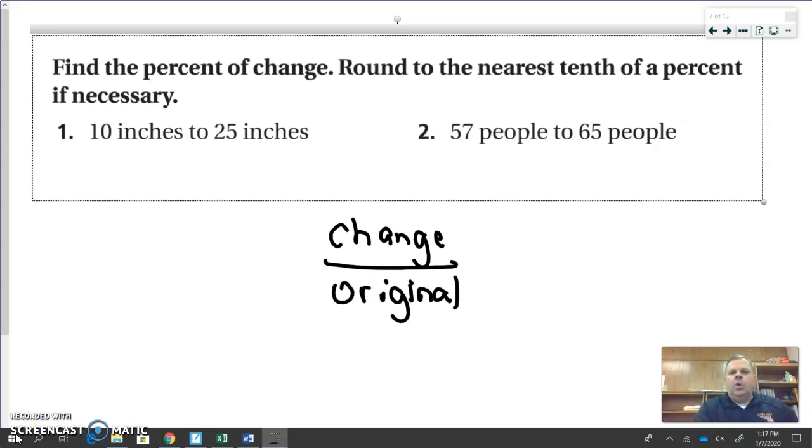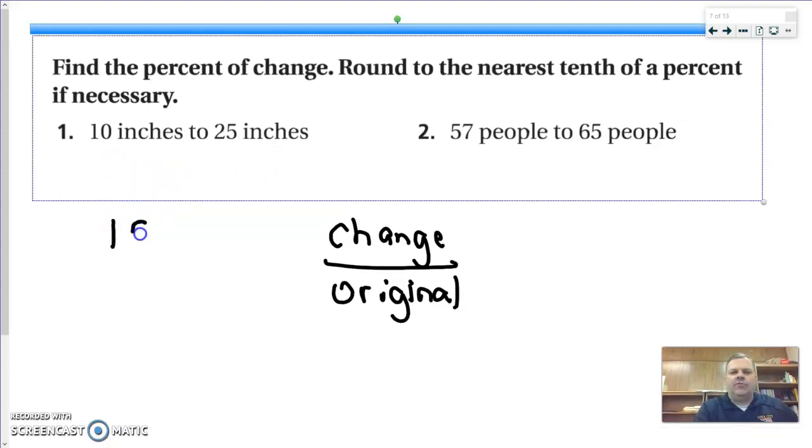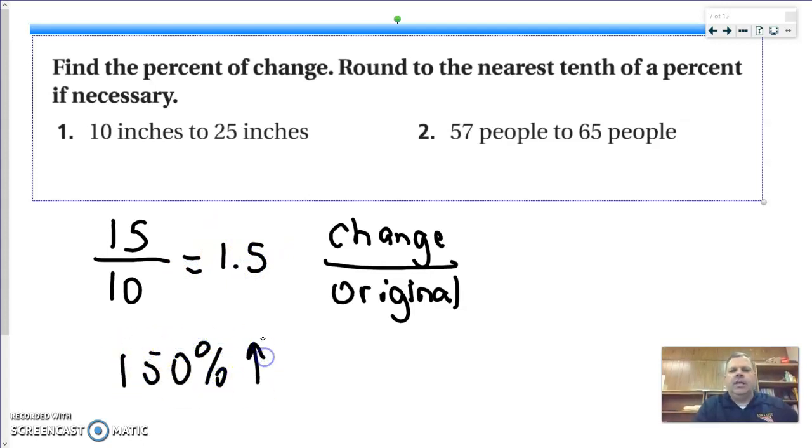In this first one, we went from 10 to 25. That is a change of 15 over the original, which is 10. When we divide that, we get 1 5/10. So this was a 150% increase by moving from 10 to 25. In the second one, we changed from 57 to 65, which is a change of 8 over the original, which is 57.